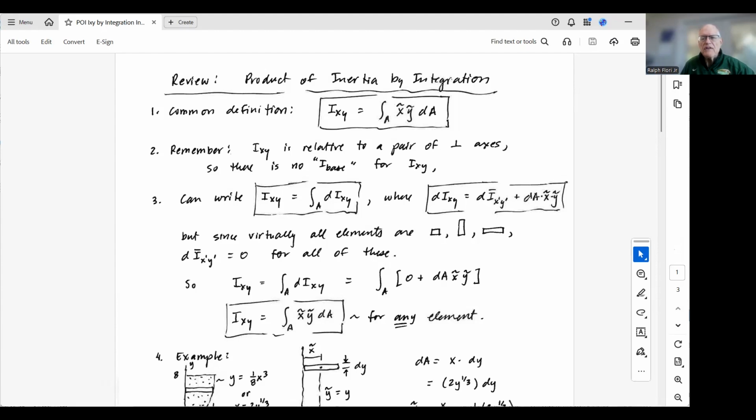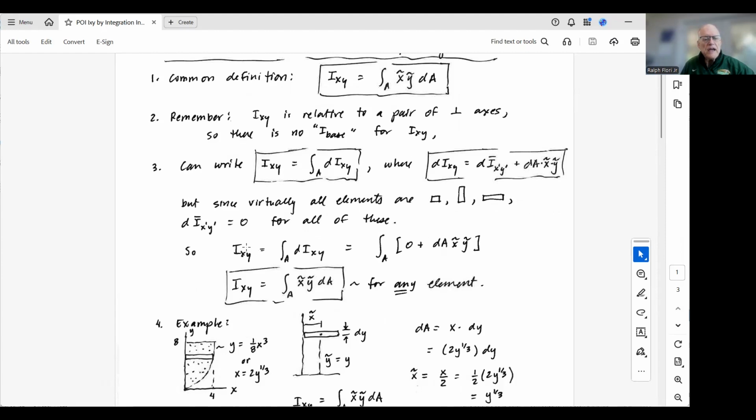And so basically the integral for product of inertia is just the integral of the dA x tilde y tilde term. So in other words, Ixy is the integral over the area of x tilde y tilde dA for any element, a dx dy element, a horizontal element, a vertical element. So you can pretty much do whatever you want as long as you define x tilde and y tilde correctly.